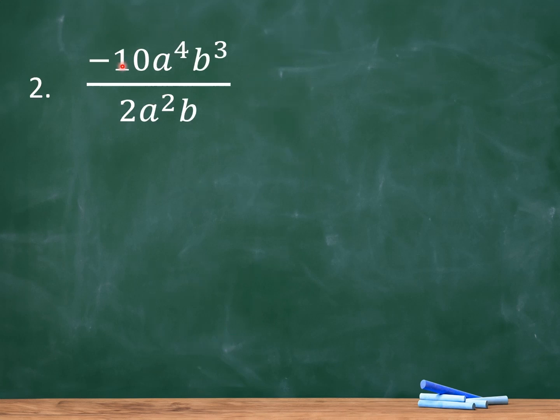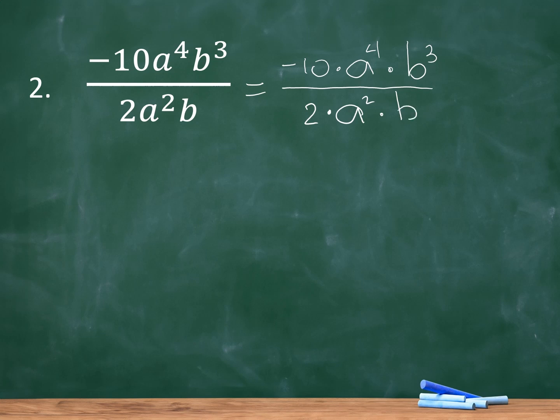Example number 2. Negative 10 a to the power of 4 b cubed is divided by 2a squared b. You can think of the numerator as negative 10 times a to the power of 4 times b cubed, and the denominator as 2 times a squared times b.